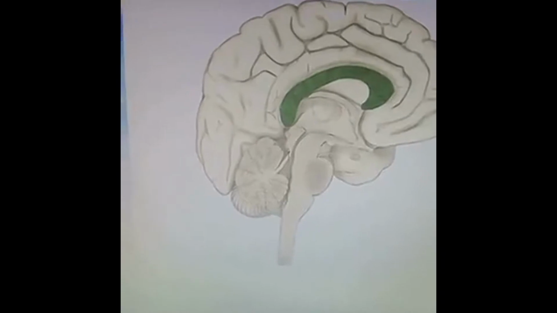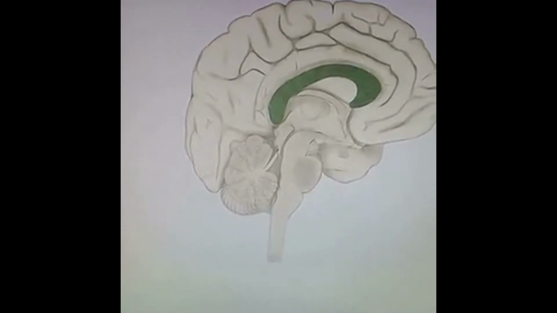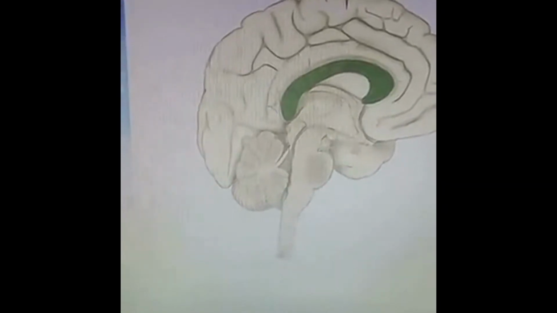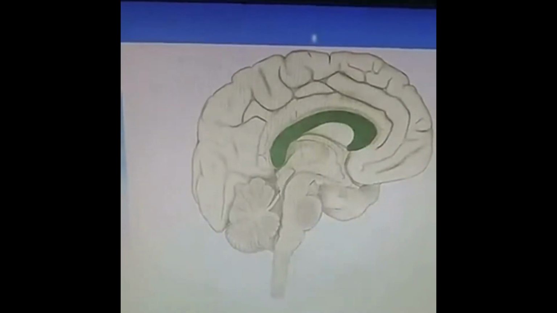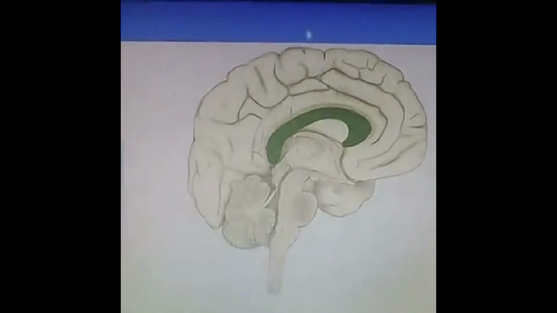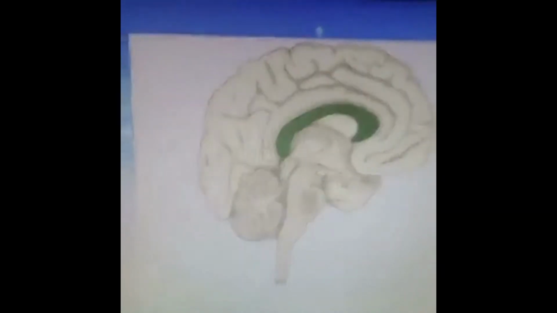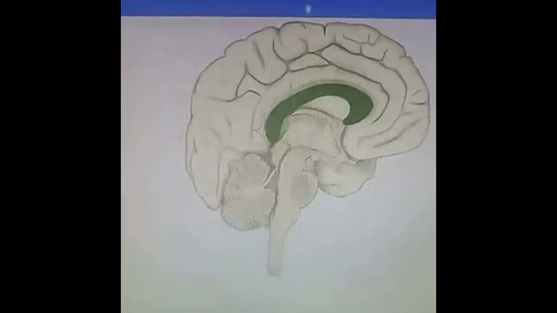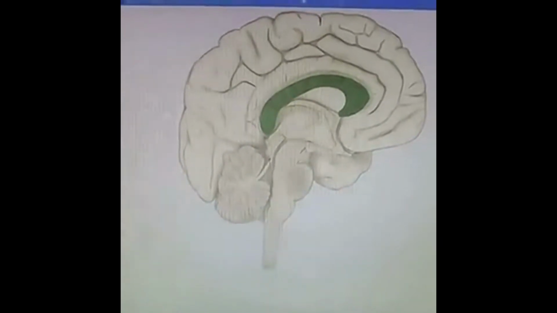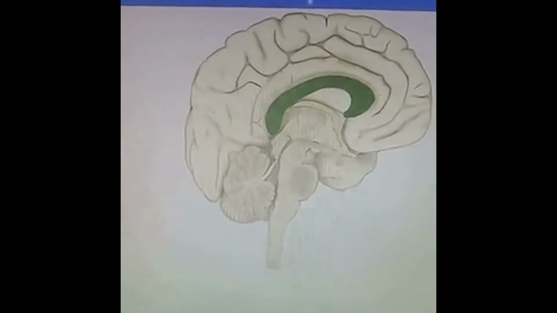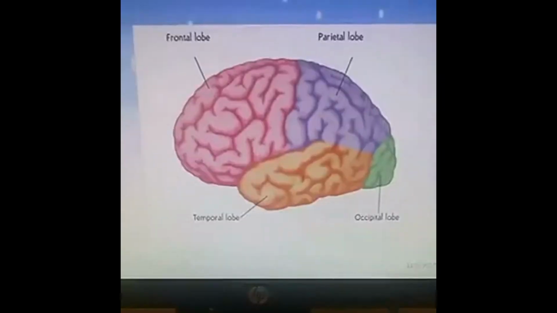Relevant info you may need to know is that this area is richer and wider in the female brain than the male brain. What does that mean? It means that the processing and transferring of emotion in the female brain is more than in the male brain. You can see the difference between male and female in understanding, remembering, processing and dealing with emotion. So this is a fact.